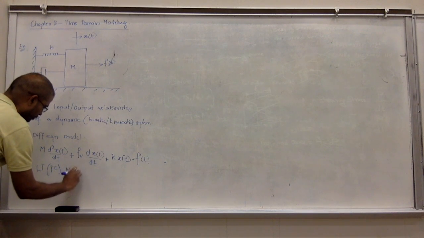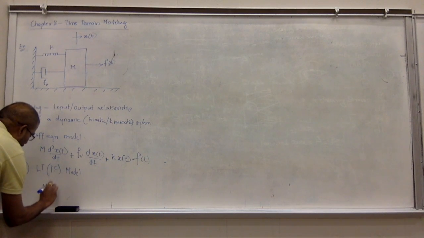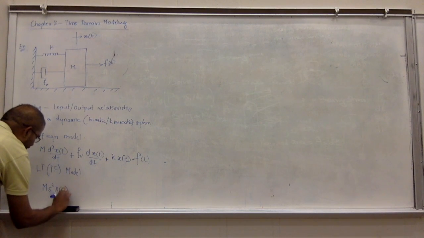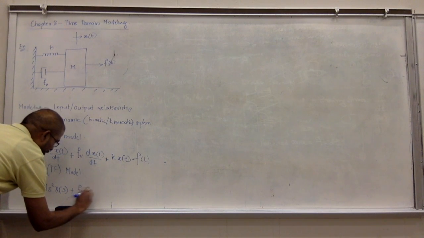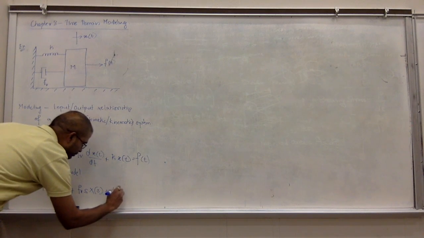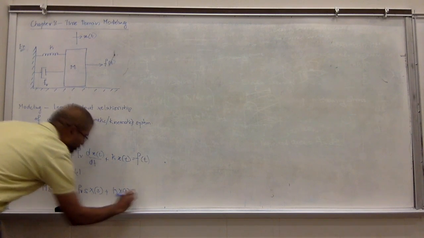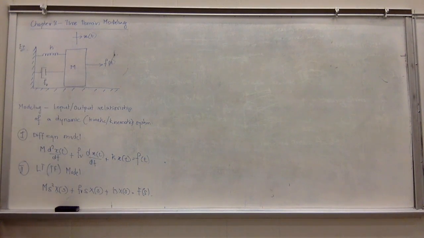So the transfer function model would be what? m s squared x of s plus f b s x of s plus k x of s is equal to f of s, right?